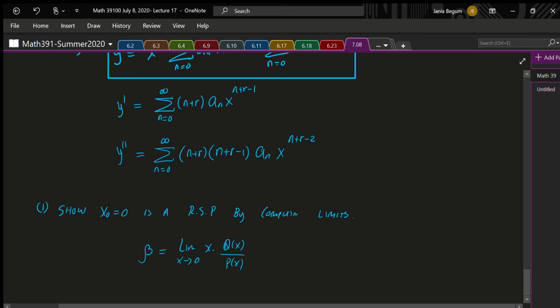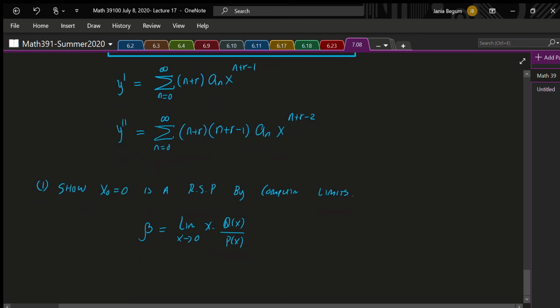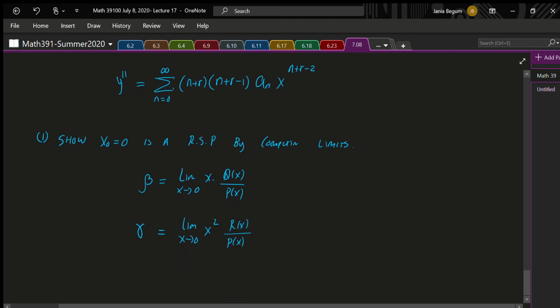And this is finite because we want beta to be finite, so we have an Euler equation. And then we said we can also get another Euler coefficient gamma by doing the following limit as x approaches 0, x squared times r of x over p of x. So these are the Euler coefficients.